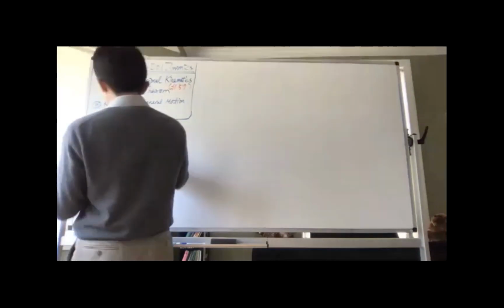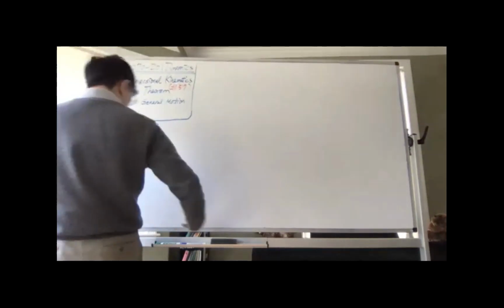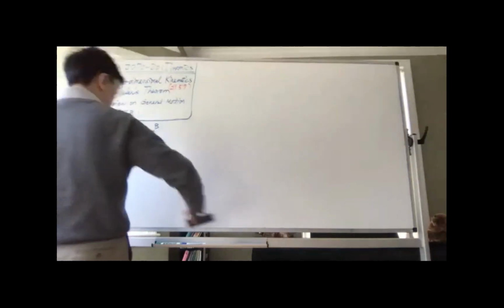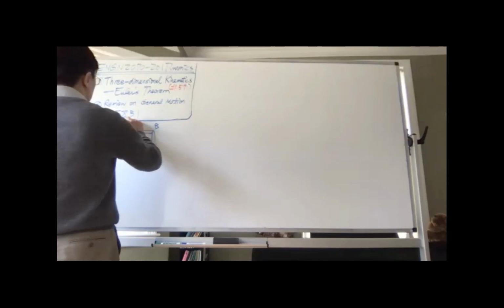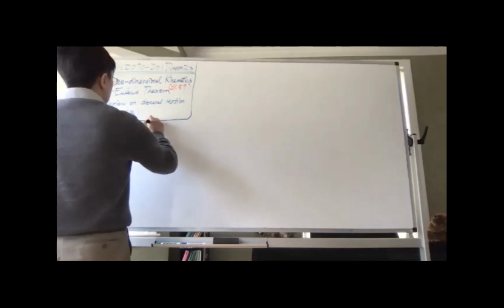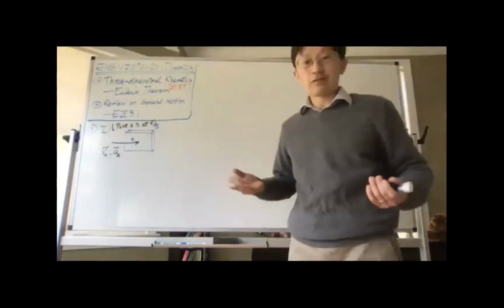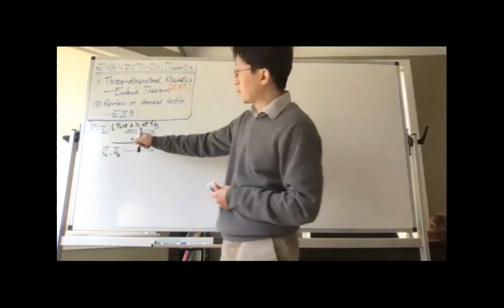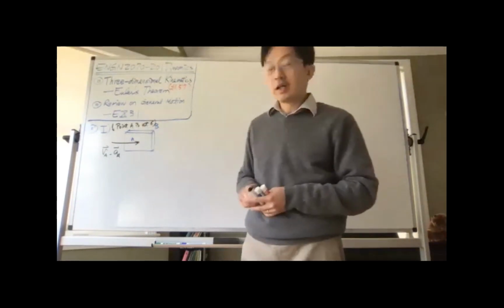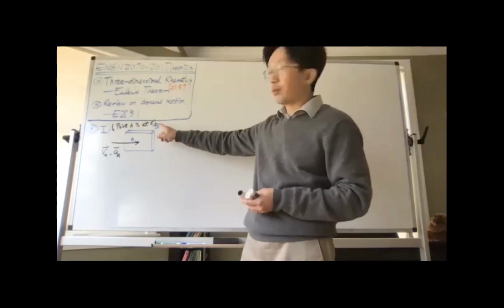Of course, point A is at the center of gravity. If I'm not being clear, at G, point A is at the center of gravity. Now, if you know the velocity at point A, which is at the center of gravity, what about the velocity and acceleration at point B?